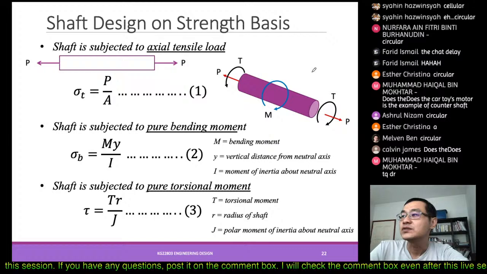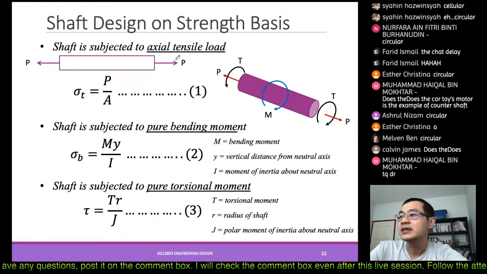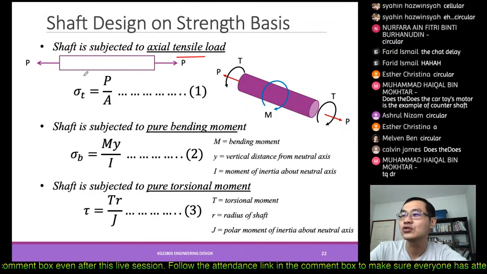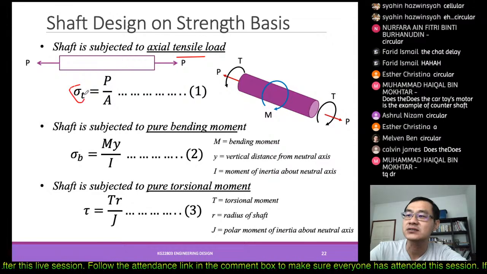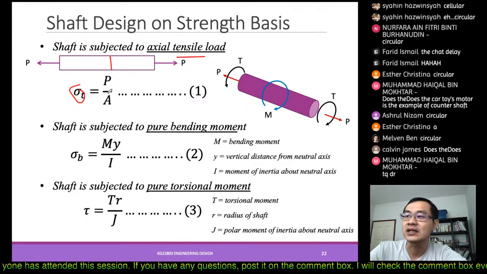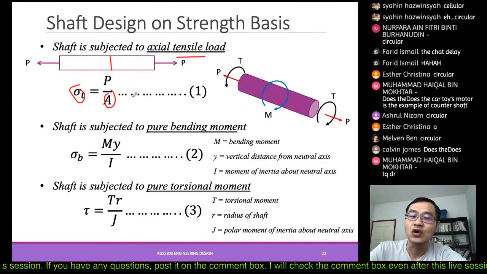In general, the shaft may be subjected to three kinds of force. First, the tensile load, being pulled. The stress due to the tensile load is the load P divided by the cross-sectional area. You cut it and you get the area, so force over area.